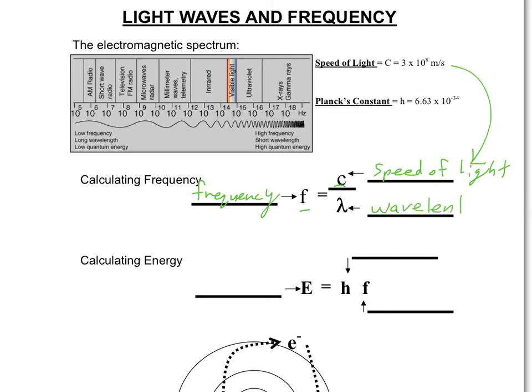You're given a word problem that says the wavelength is this. What is the frequency? Plug in the speed of light and solve. To calculate energy, E stands for energy. H is Planck's constant, another constant. You always just plug in the given number.